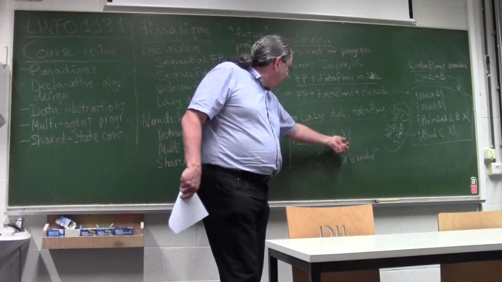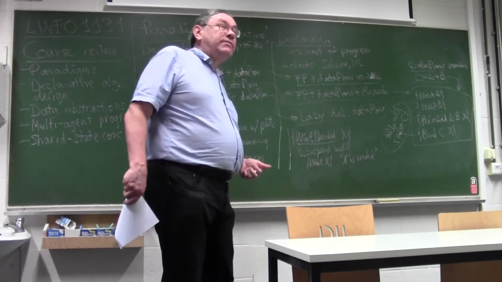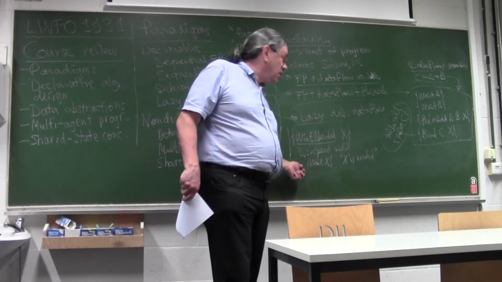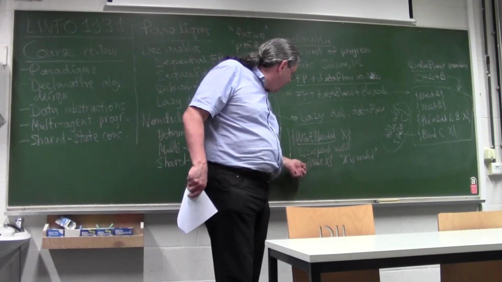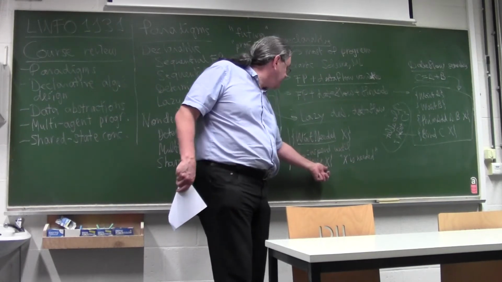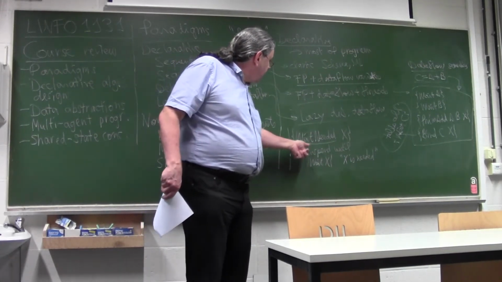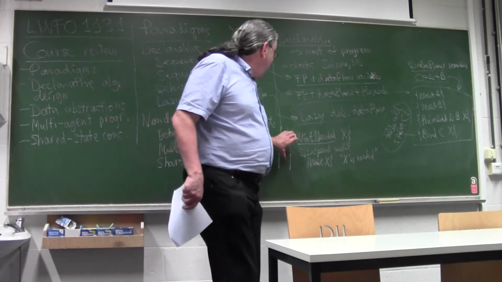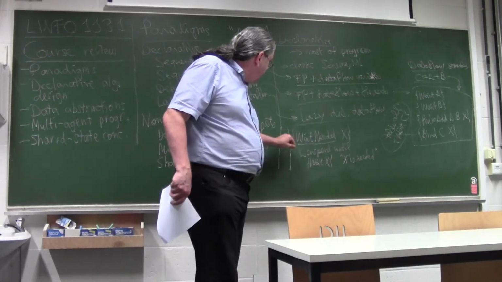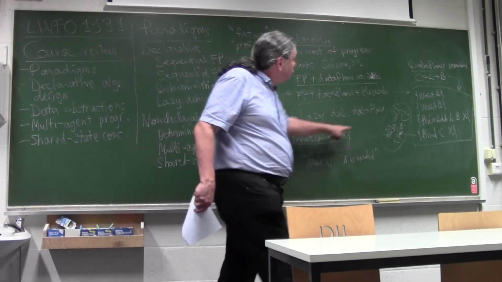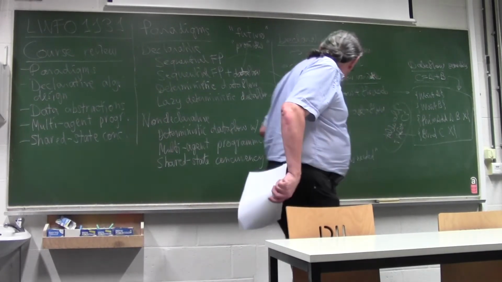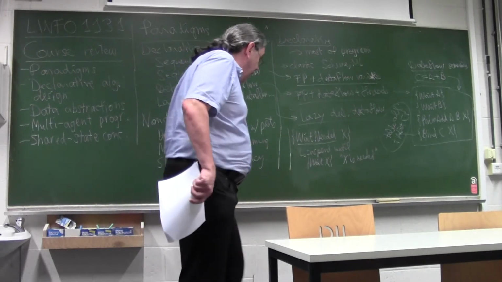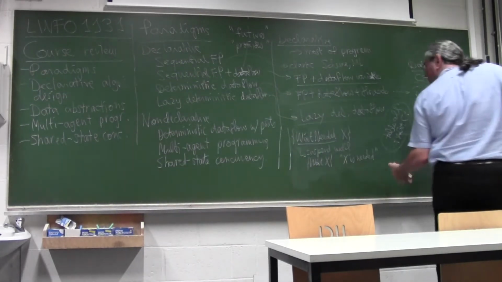So the wait needed X will just have to wait until there is at least one thread inside that queue. If I do wait X, then the thread will be added to the queue of X, and wait needed will suspend until there's at least one thread in that queue. And laziness is implemented by adding wait needed to wait and bind. You can see it as the semantics of laziness.